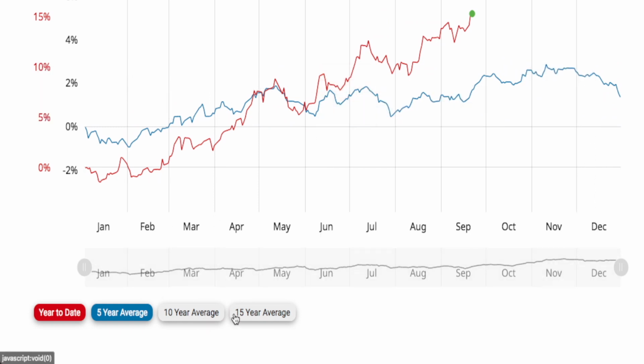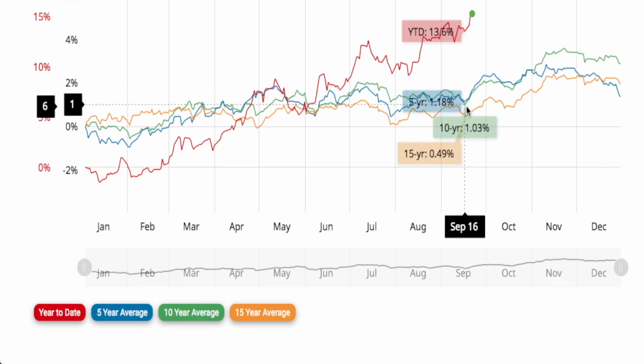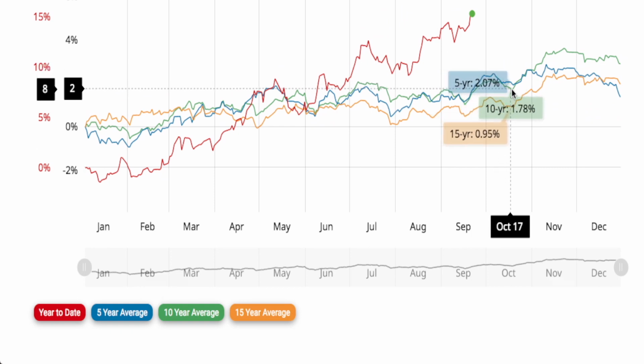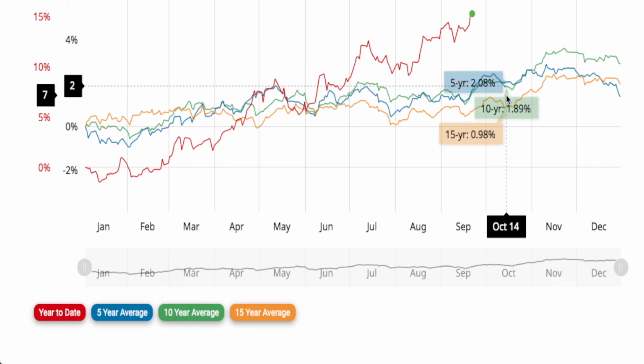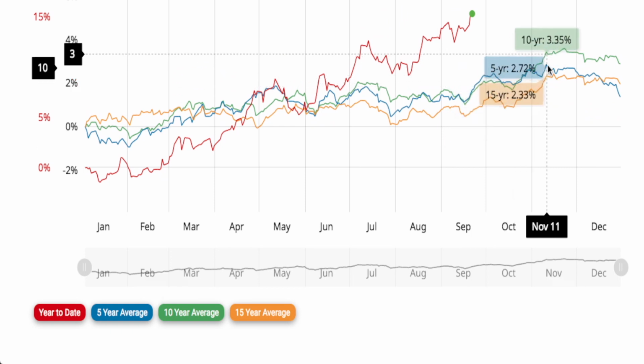So let's add them all and see what we see here. Pretty much they're all in agreement from September 16 on. You could say maybe October 5th, it kind of stalls, pretty much all three averages. And somewhere between October 14 and October 19, we get another leg higher.